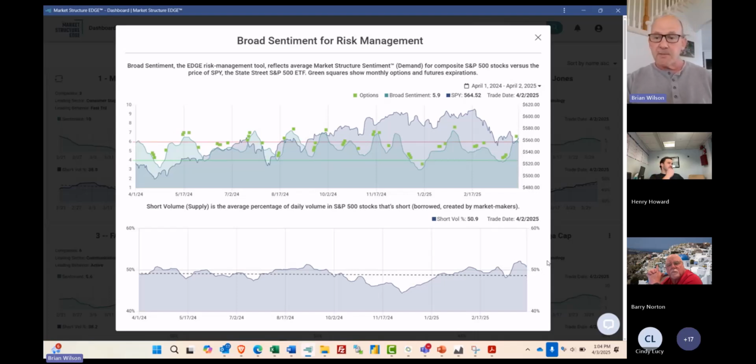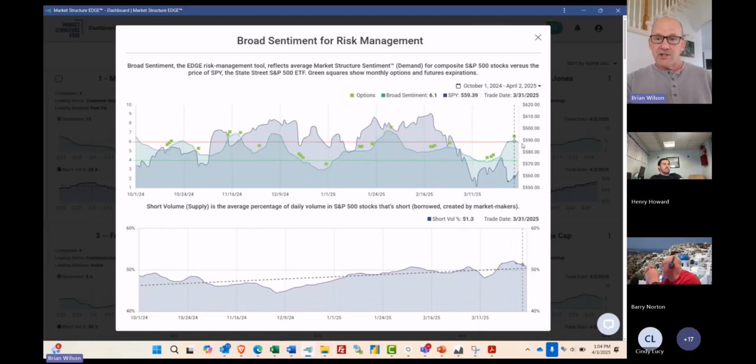What I'm going to be curious about today is what happens to those short volume levels. Do they continue to increase now? If so, with declining sentiment and with short volumes that remain historically high, it's going to be difficult to post gains here for a little while. You think about where we are from a sentiment perspective, and we're just now moving below the red line.